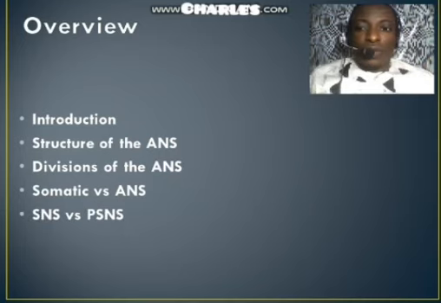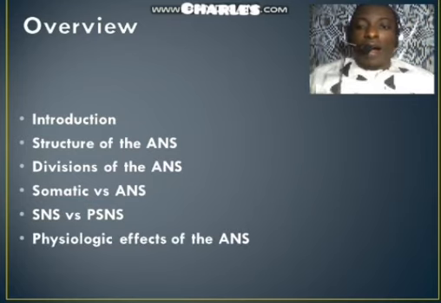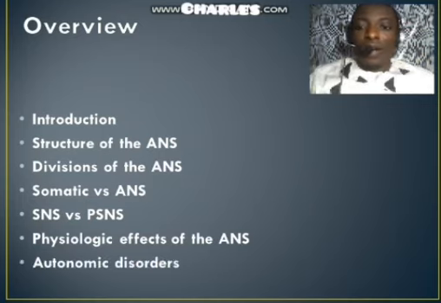Then we shall look at the differences between the two major wings of the autonomic nervous system, which are the sympathetic nervous system and the parasympathetic nervous system. Finally, we'll look at the physiologic actions or the roles of the autonomic nervous system, and then we shall wrap it up by looking at some autonomic disorders or dysfunctions.